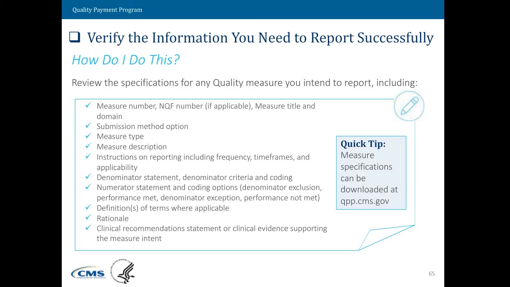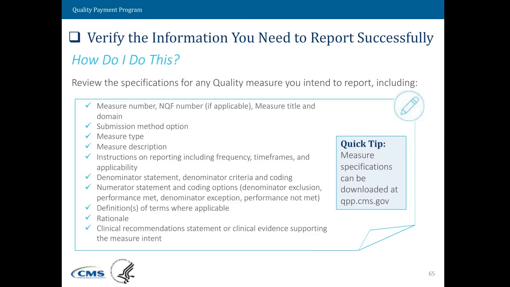So some of the measures will probably look very familiar to you if you have been participating in those programs. The new element of MIPS is the increased flexibility, so making sure that you as a clinician can pick measures that match up with your specialty and your scope of practice. So definitely taking a look at these details will be key ways to assist you in making a decision.